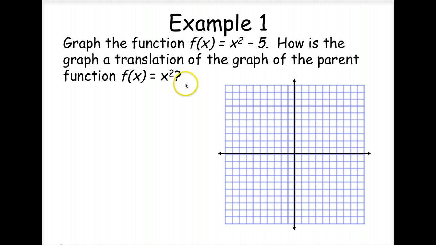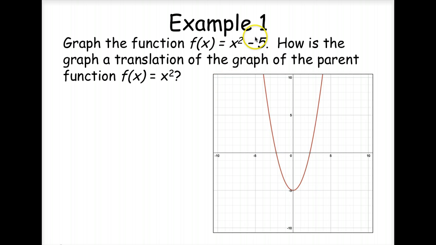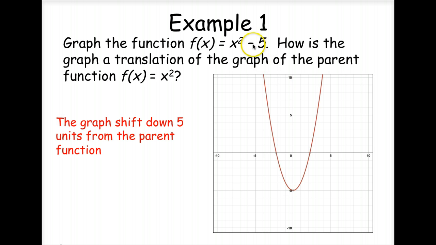Example 1. We're asked to graph the function f of x is equal to x squared minus 5, and then we're asked, how is the graph a translation of the graph of the parent function f of x is equal to x squared? So first of all, we've got f of x equals x squared, and it's translated 5 units down. It's not within the grouping symbol, so it goes down.